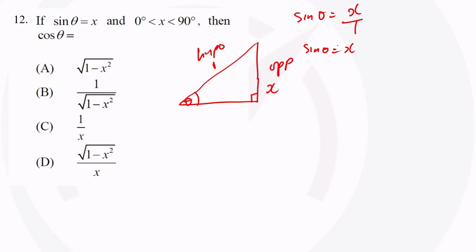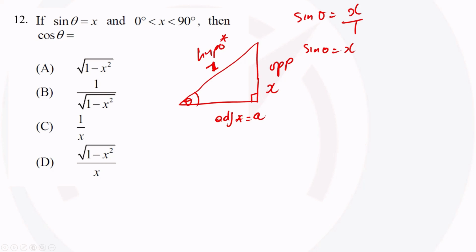Now they wanted to find cos theta. So cos would be the adjacent over the hypotenuse, and we don't know the adjacent. So we need to find the third side of the triangle. What we can do is apply Pythagoras' theorem. Let's just call the adjacent a.